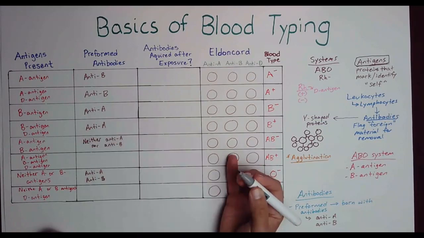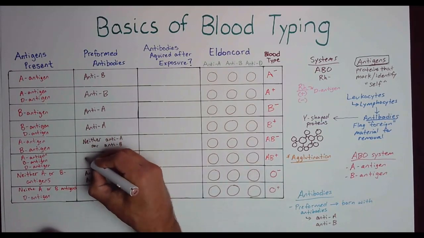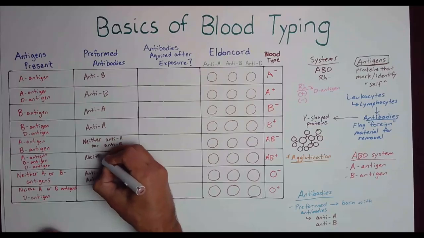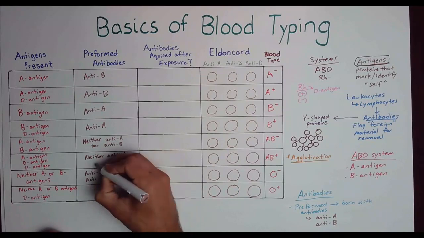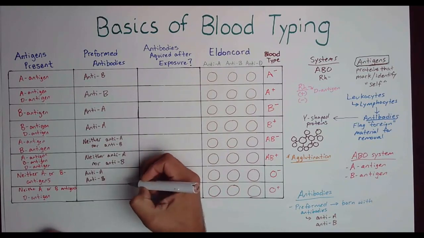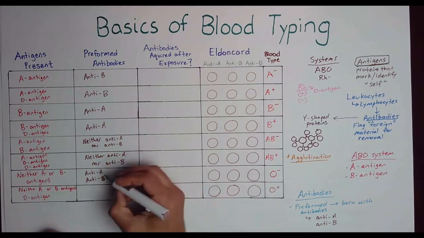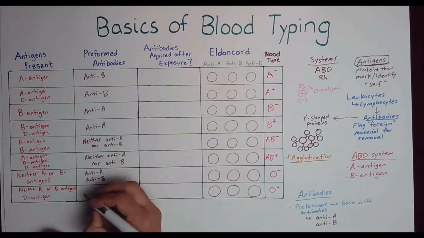It doesn't change. If they're AB positive, they don't have either the anti-A, nor do they have the anti-B. And on O blood, they're going to have both anti-A and anti-B, whether they're plus or minus. It doesn't matter. This is what they're born with.